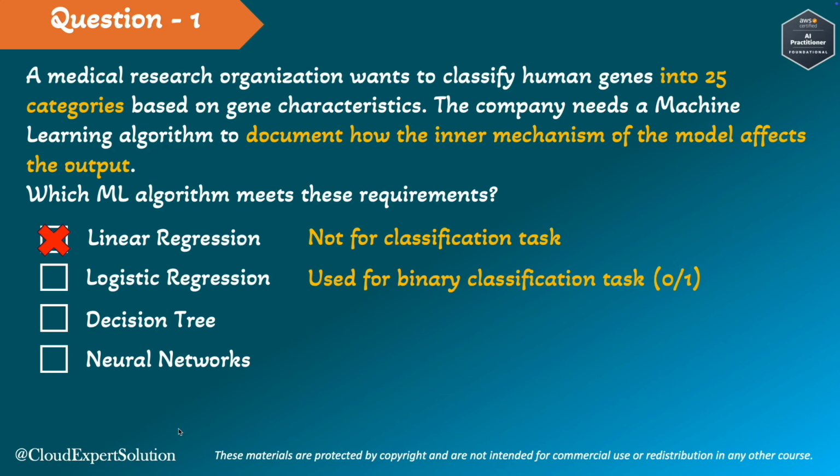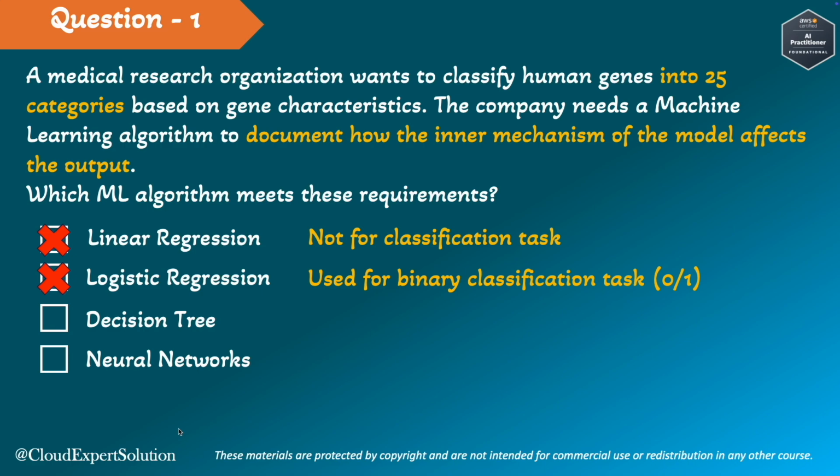While logistic regression is used for classification task, it is typically used for binary classification, that means into 2 categories. Although it can be extended to multi-class classification, it does not provide the same level of interpretability as decision trees, especially when you are dealing with complex relationship in the data. Hence, this is also not the correct option.